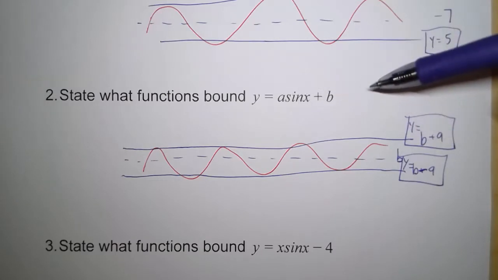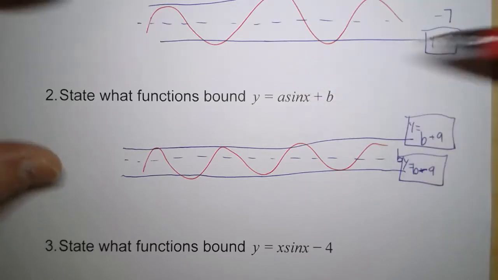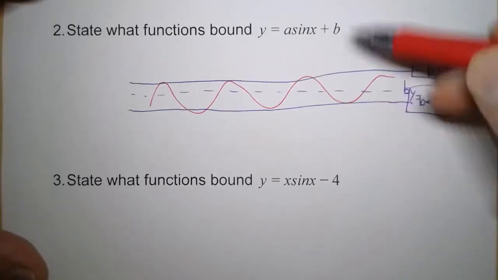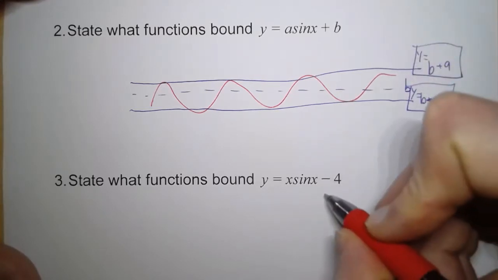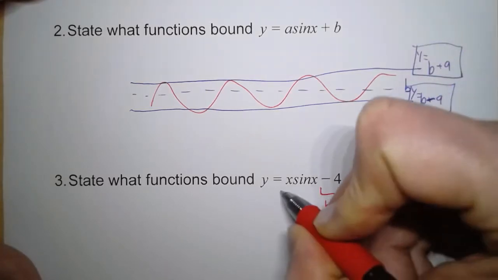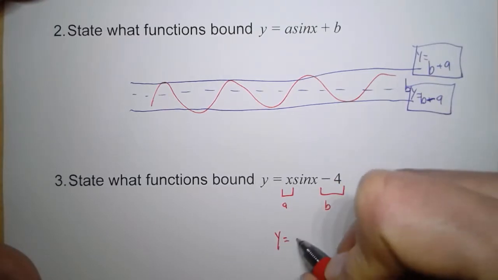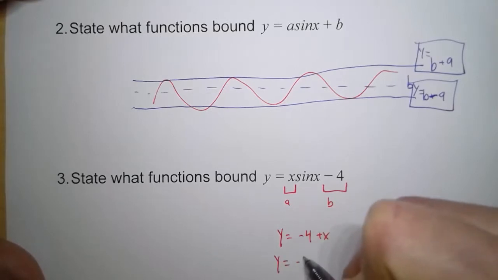Now the important thing to keep in mind is that we can apply this even if a and b are not numbers. Because everyone thinks when they see this that a and b have to be numbers. Well, actually they don't. As a matter of fact, they could stand for multiple terms. So if I look down here, if I just follow the logic, I just say, well, what are the boundaries going to be? Well, this is b right here, and this is a. So my two boundaries are going to be -4 plus x and -4 minus x.